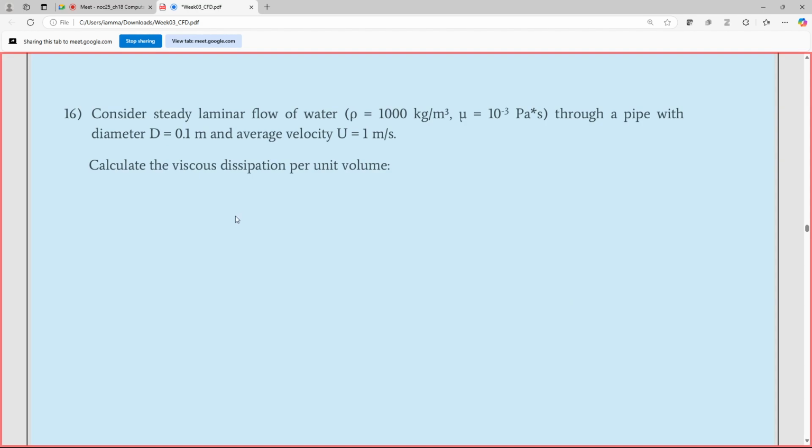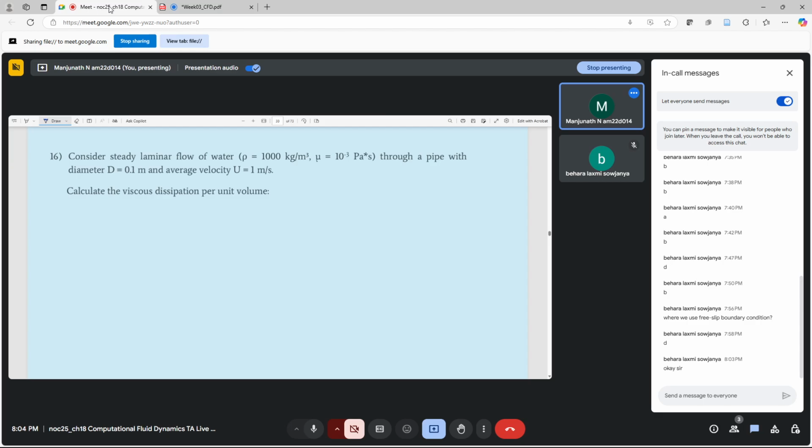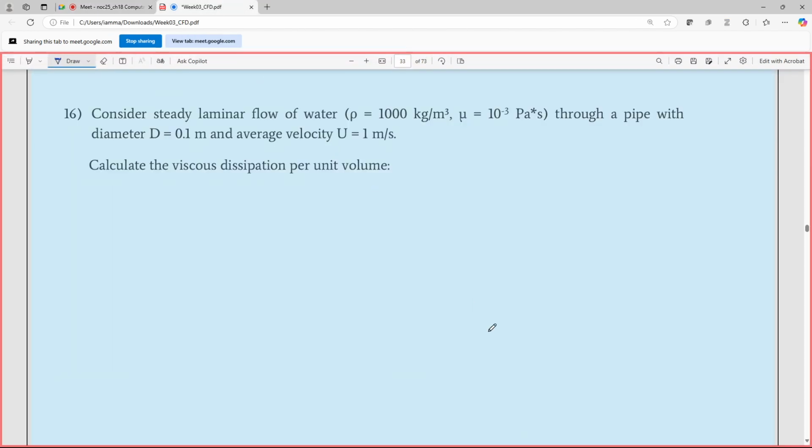This is a small numerical problem. The question is: consider a steady laminar flow of water with density rho as 1000 kilogram per meter cube and viscosity as 10 raised to minus 3 Pascal seconds through a pipe with diameter 0.1 meters and average velocity 1 meter per second.